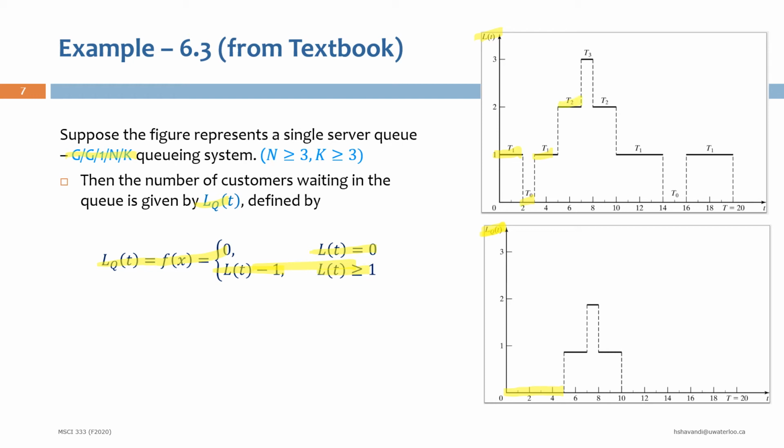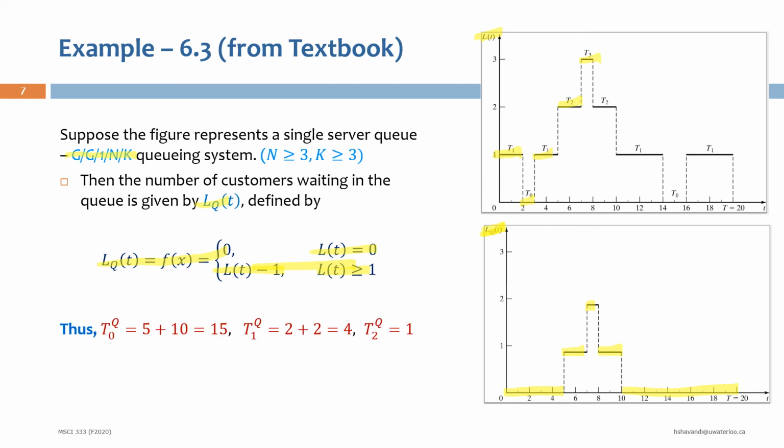This means one customer is in the queue, right? And then from time 7 to 8, we have 3 customers in the system. This means that we have 2 customers in the line, and then after that it drops to 1 customer in the line, and then it drops to 0 up to the end. So this will be the graph for the number of customers in the waiting line.